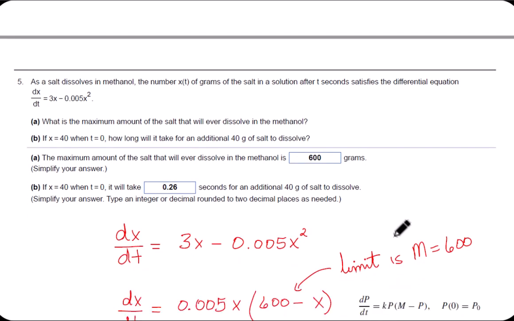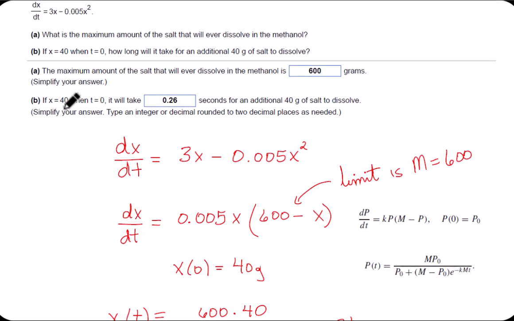All right, we have some salt. Looking at the salt, it looks like our population model this time, which we did in not the previous problem, but the one before that. And so looking at that, we have a differential equation that looks like this. Factor this out, and I get that the limit is M, and M is 600.